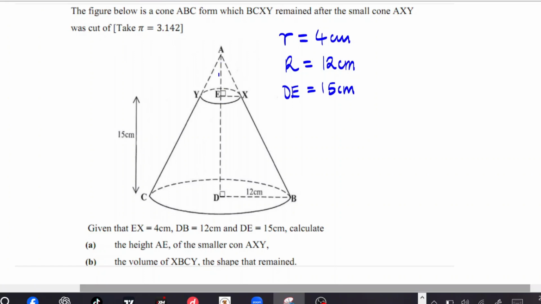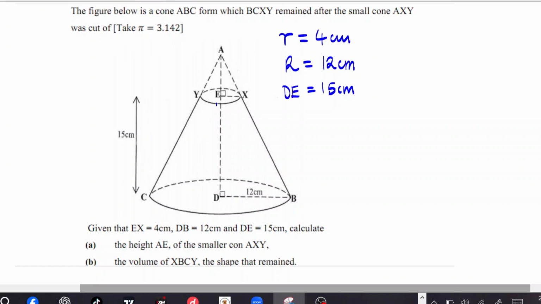So when given a question like this and asked to find the height, what you should know is that the radius of the cone and the sides of the two cones can be expressed as ratios. The sides of the cones can be expressed as ratios.